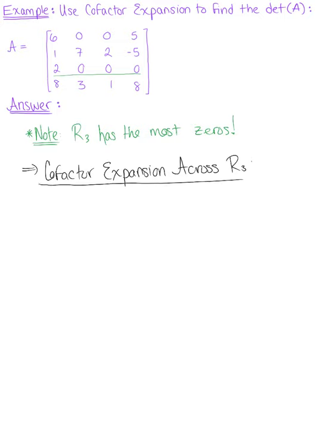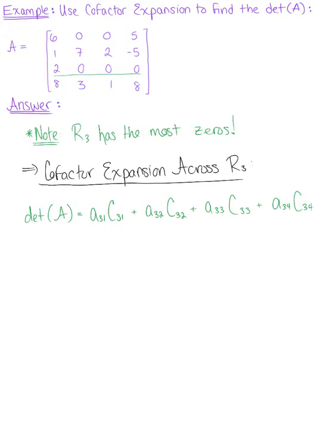And so we know by definition that this is the determinant of matrix A. And I have the entry in the third row, first column, multiplied by the corresponding cofactor, plus the entry in the third row, second column, multiplied by its corresponding cofactor, plus the entry in the third row, third column, multiplied by the corresponding cofactor, plus the entry in the third row, fourth column, multiplied by its corresponding cofactor.